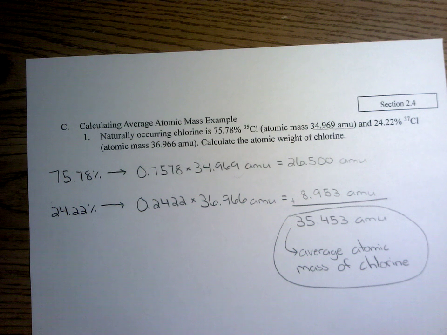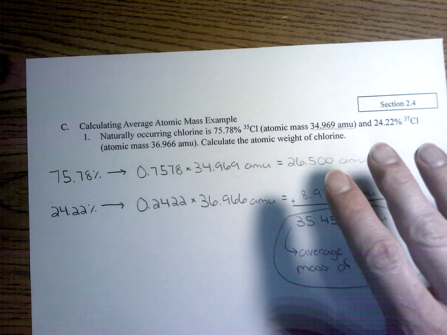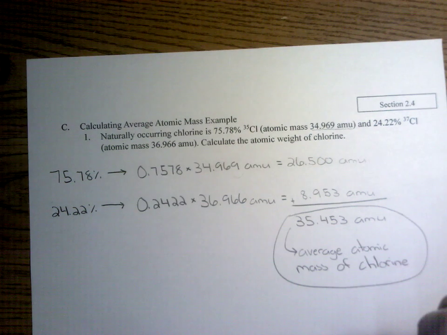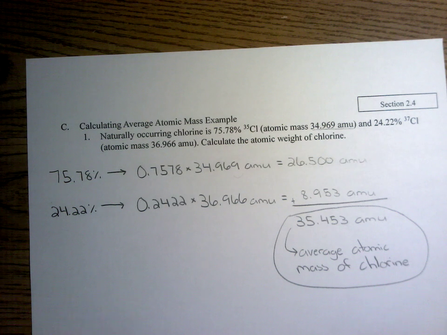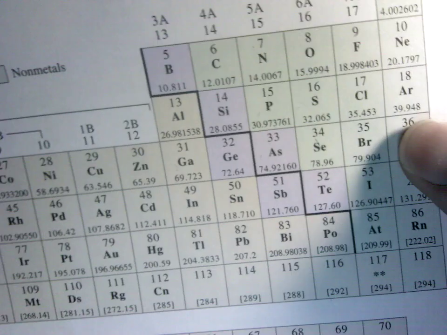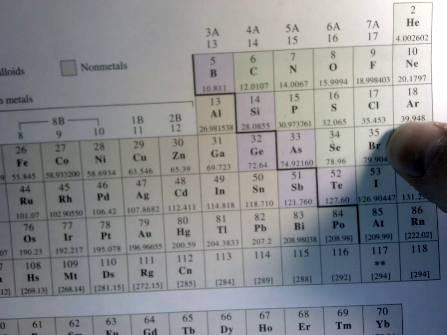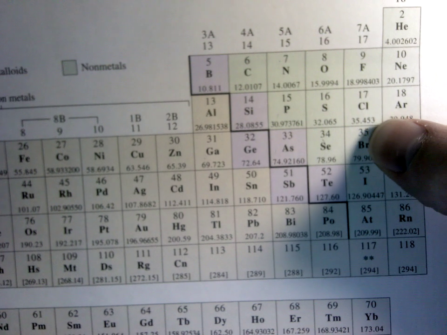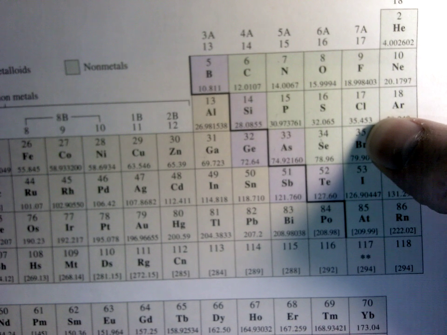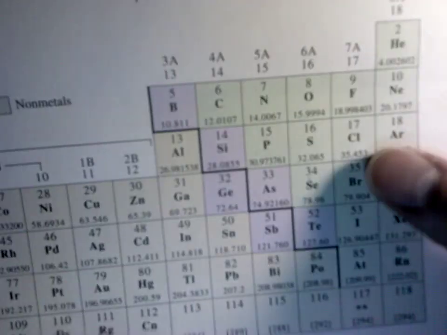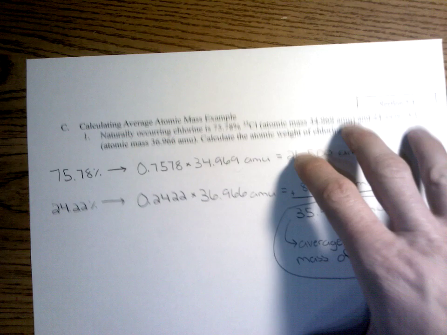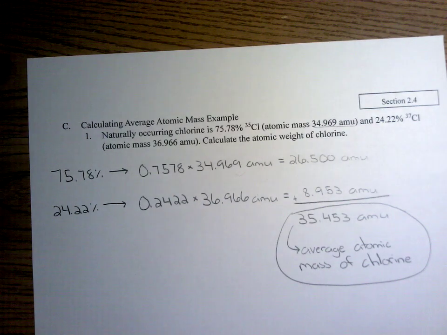Now, I want to show you something real quick. That 35.453, what we just spent time calculating for the atomic mass of chlorine, is shown here on the periodic table. The value 35.453 is exactly what we have on the periodic table, and that's because that is the average atomic mass. They did a similar calculation to calculate this.